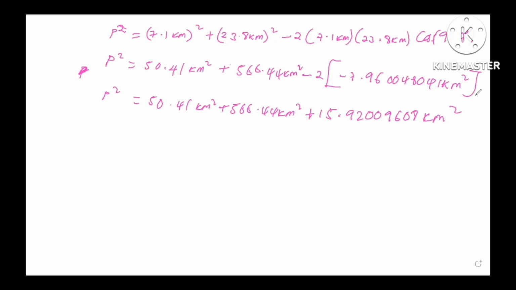So now, when you add this number to these other two numbers, what do you have?